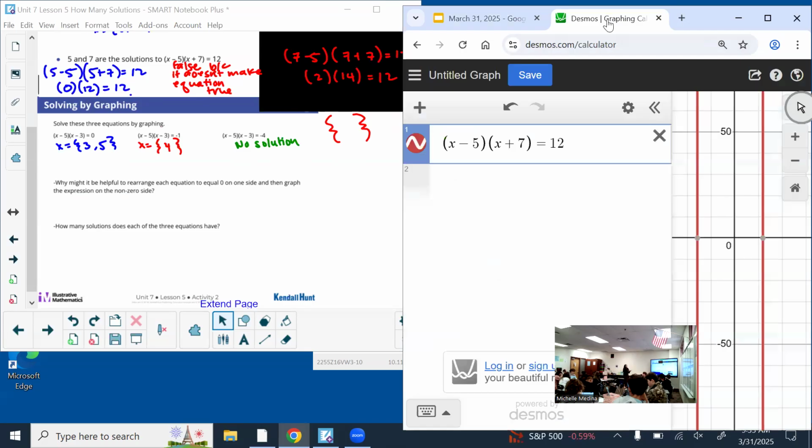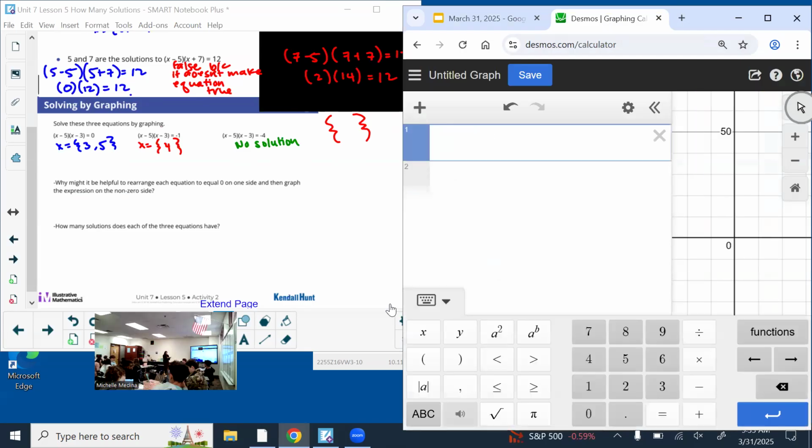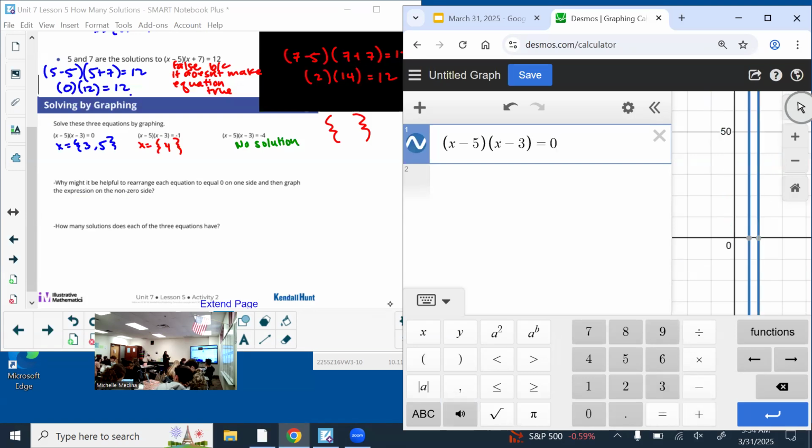So take that first one that's already set equal to 0. Here's what it looked like when you first solved it. Right, so you just see the straight lines when you do that. And it's already set equal to 0, so I don't need to rearrange anything.